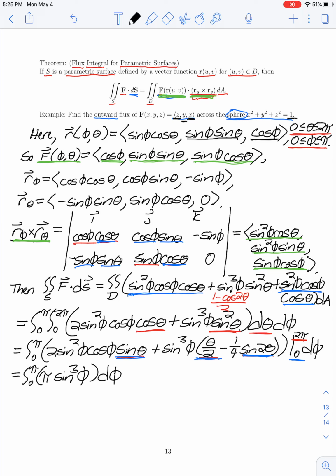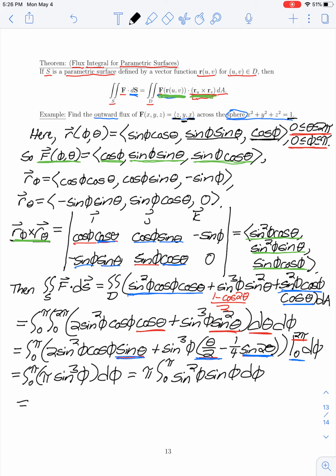So to integrate an odd power of sine, I'll pull my constant pi out in front, and I'm going to factor out one of the powers of sine. So I'll change this into a sine squared phi times sine of phi d phi.